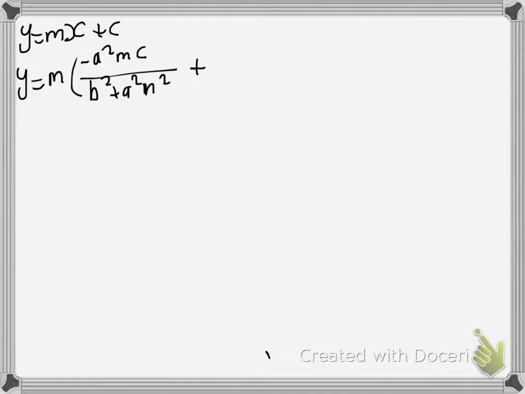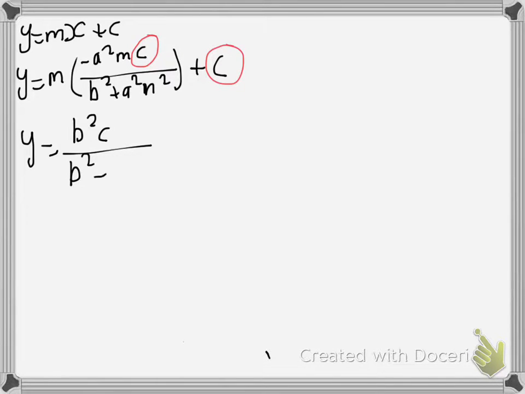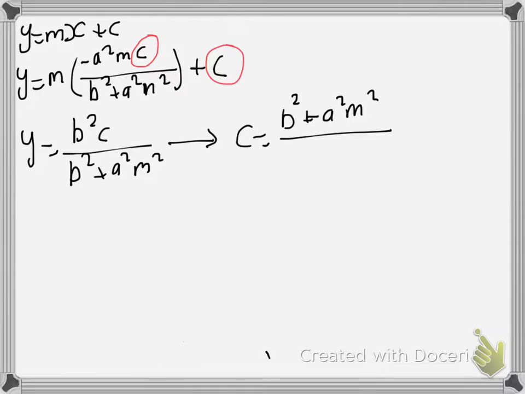You can see there's a common factor c, and that will give me an equation which is y equals b squared c over b squared plus a squared m squared. If you rearrange that, you will end up with c equals b squared plus a squared m squared over b squared, times y.